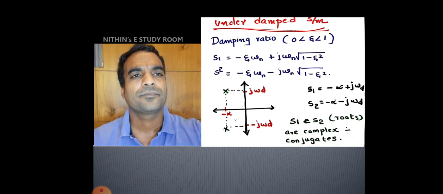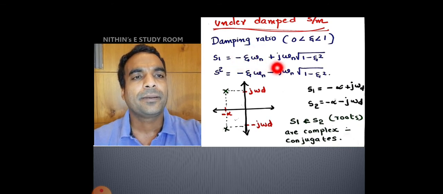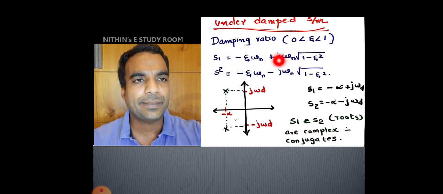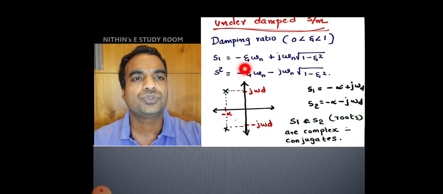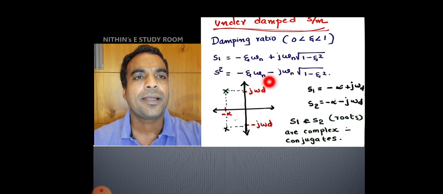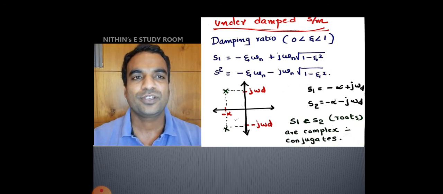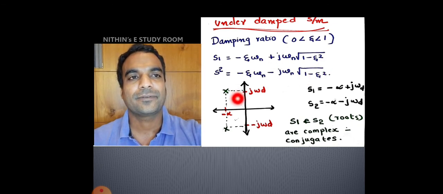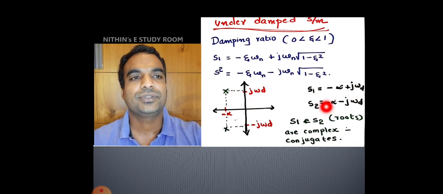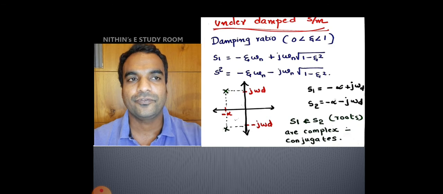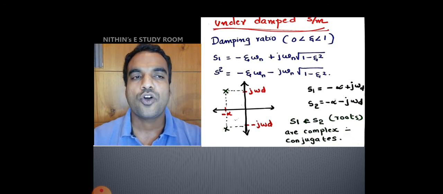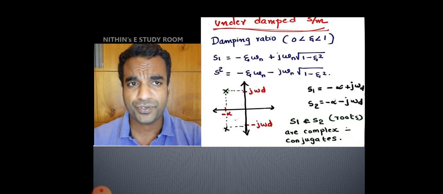What happens? S1 becomes minus eta omega n plus some imaginary value, and S2 is minus eta omega n minus some j into imaginary value. So if you plot these, S1 is minus alpha plus j omega d, and S2 is minus alpha minus j omega d. We are substituting the alpha and omega d expressions in that equation.